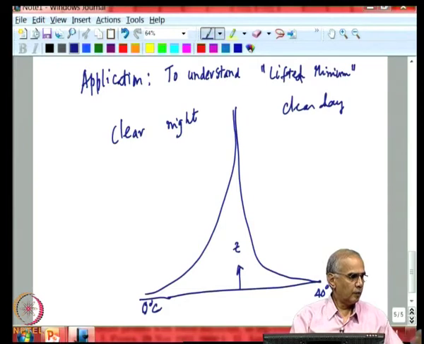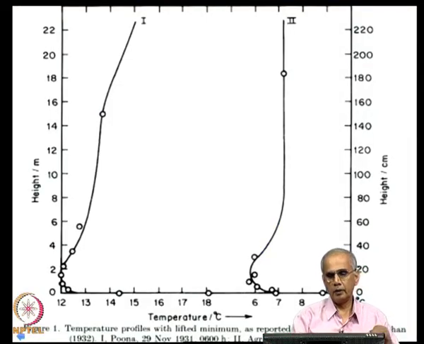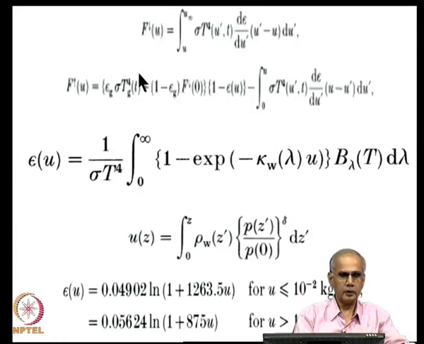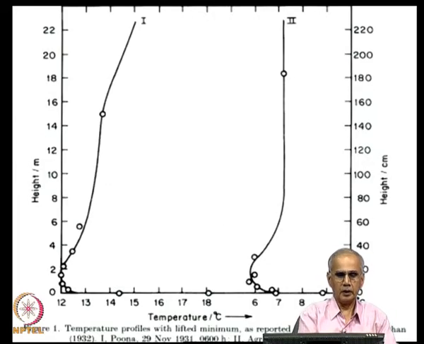But the observations that were made both in Agra and Pune in 1931 by Ramdas and Atmanathan came as a great surprise, because when they measured the temperature variation with height in the lowest 20 meters of the atmosphere, they found that the ground was at around 13 degrees centigrade and the temperature fell by about a degree in the first 2 meters and then started rising.